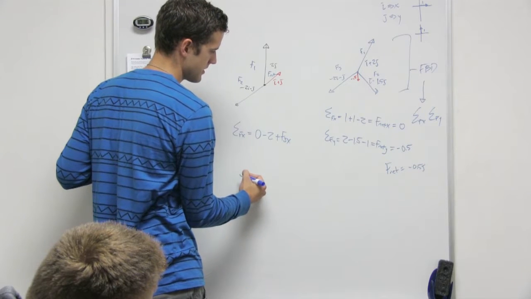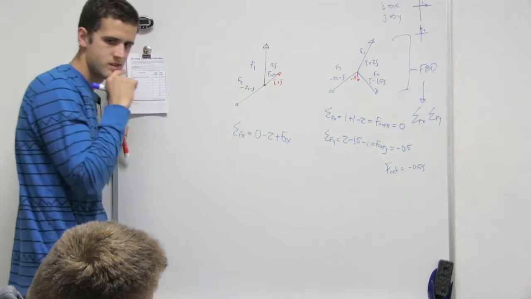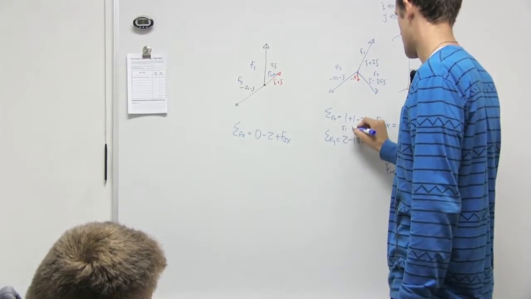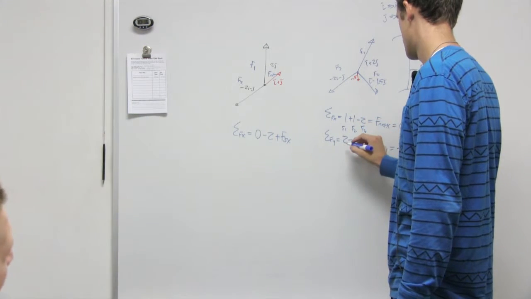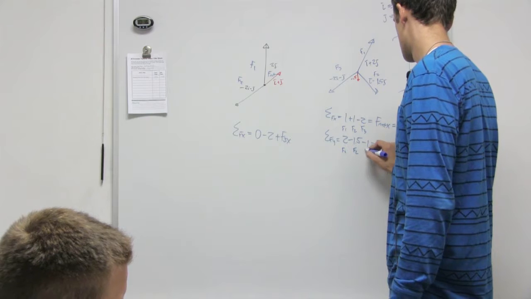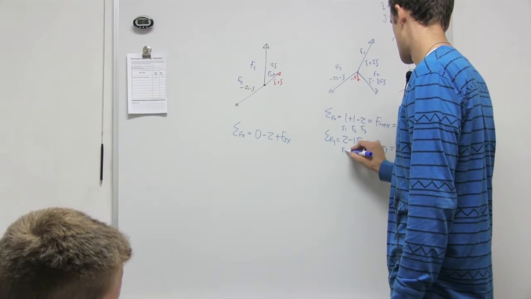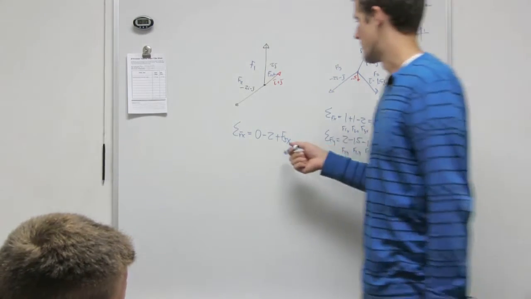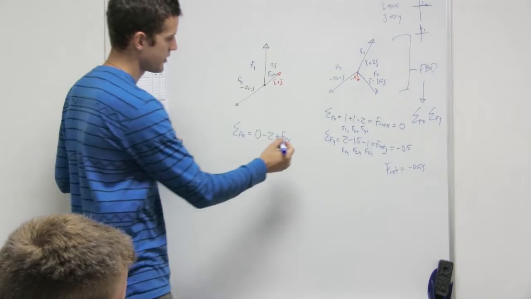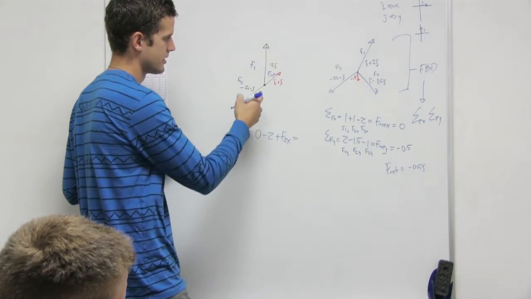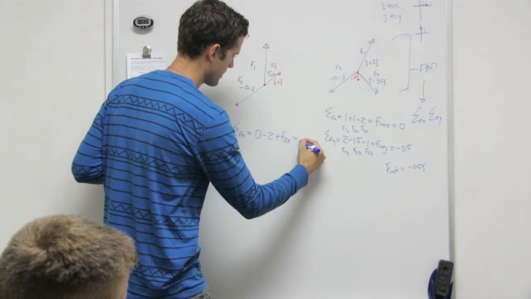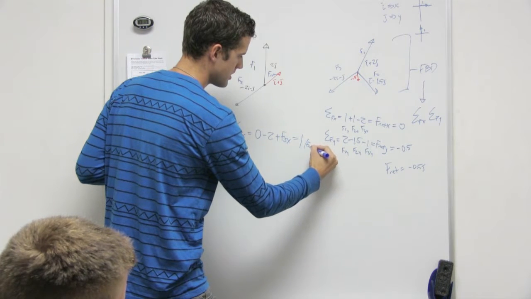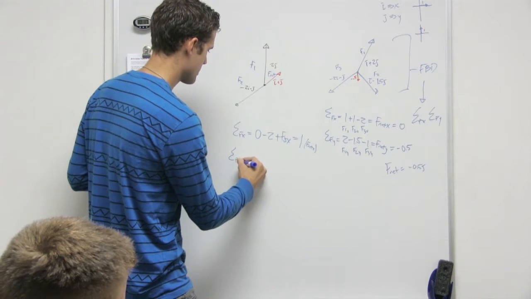Just like on the other one, this was f1 plus f2 plus f3. Same thing here. Those are the y's, these are the x's. This time we don't know the third x, but we know it'll all equal i plus j, so for the x it will be 1. That's f net x. And you do the same in y.